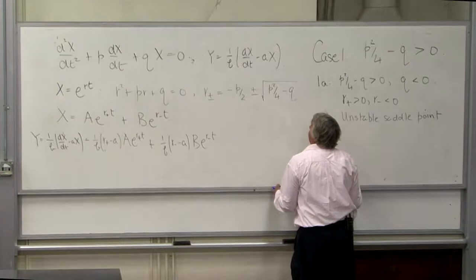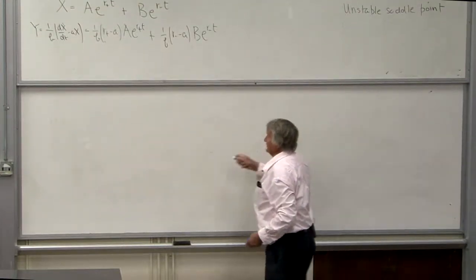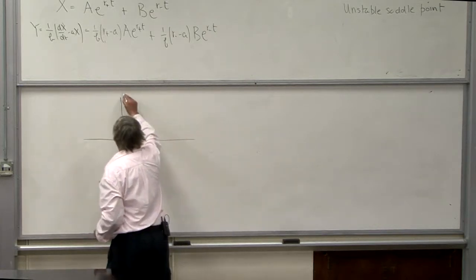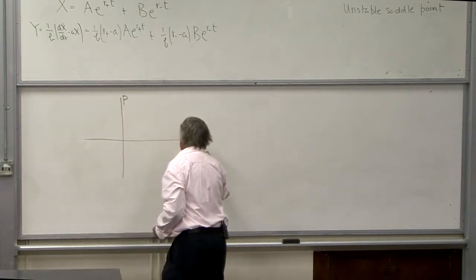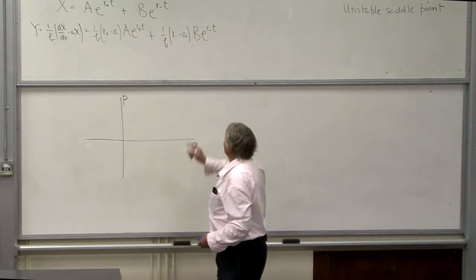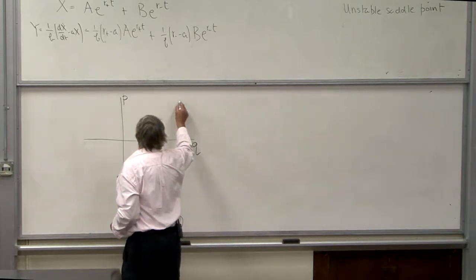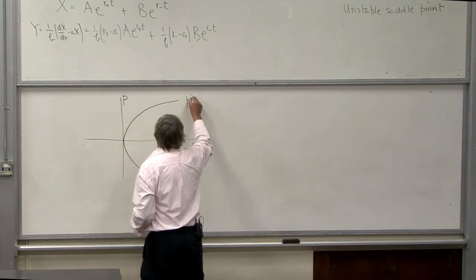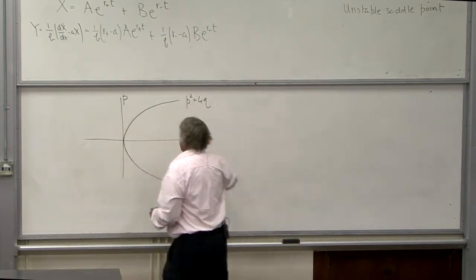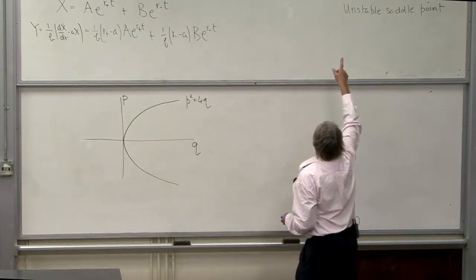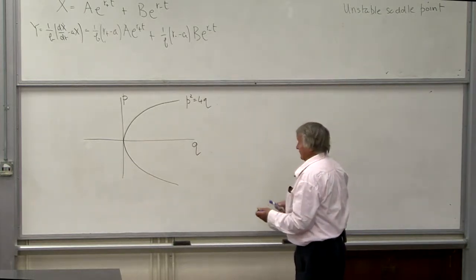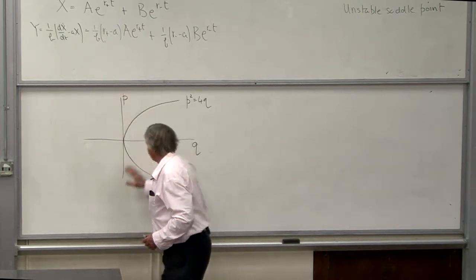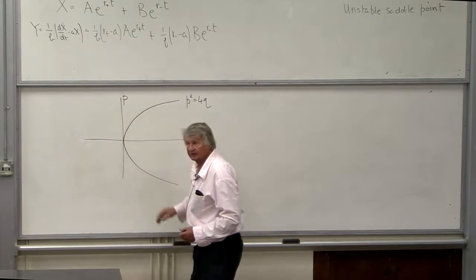So now, in the PQ plane, we have this graph. This isn't XY, this is PQ. One interesting curve is P squared equals 4Q. Right now, in case 1 and 1A, we're operating where P squared is greater than 4Q, so we're operating outside of this parabola.